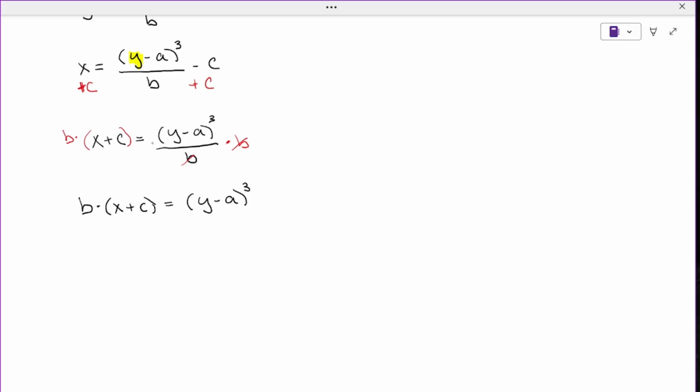Okay, so we now have the fraction is completely gone. So we're dealing with a linear equation. Actually, it's not because of the exponent.